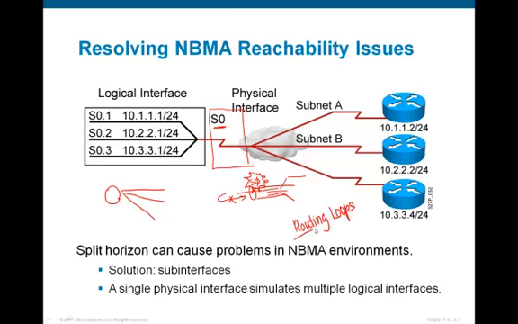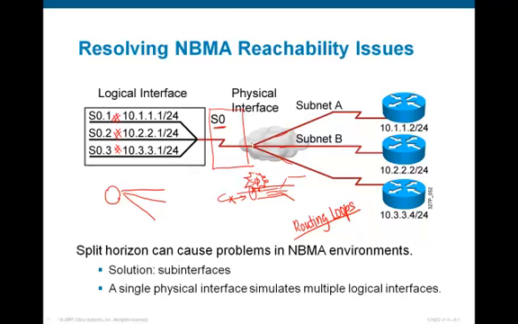So one of the ways to overcome this routing loop issue, because all the circuits report to the same main interface S0, is to break the main interface into a lot of sub-interfaces. So each sub-interface takes care of one DLCI circuit, one DLCI circuit, one DLCI circuit. So each sub-interface takes care of each circuit connection.